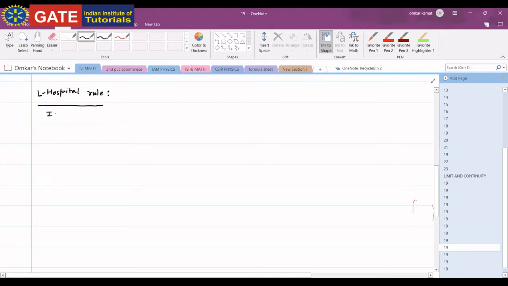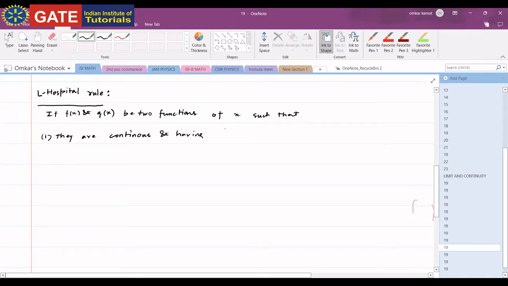If f of x and g of x be two functions of x such that they are continuous and having a smooth curve.